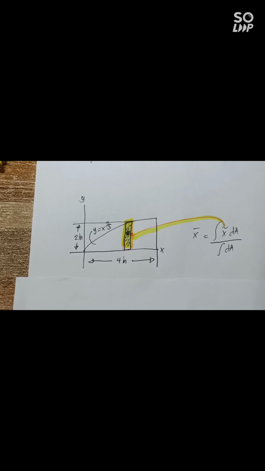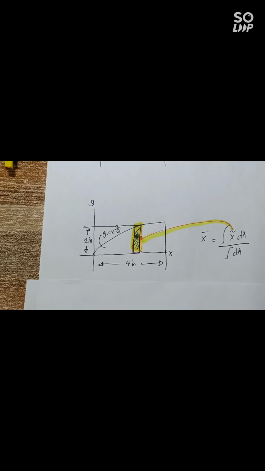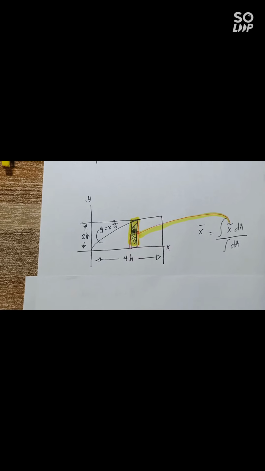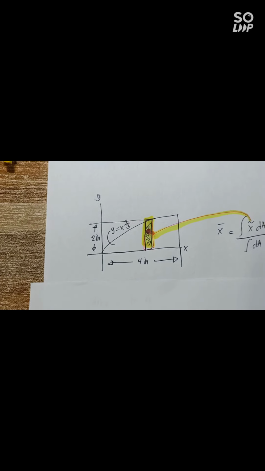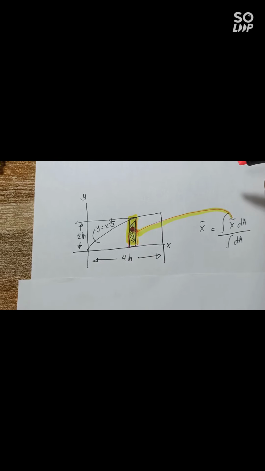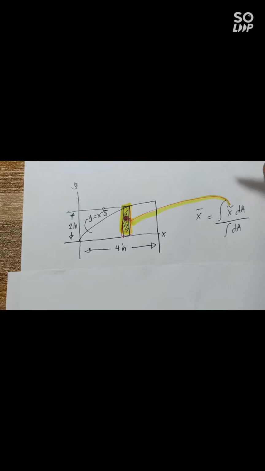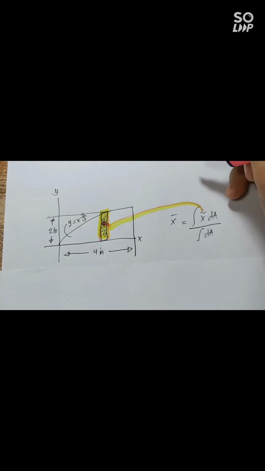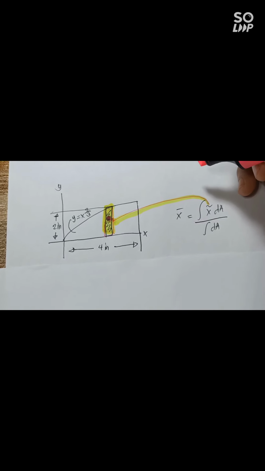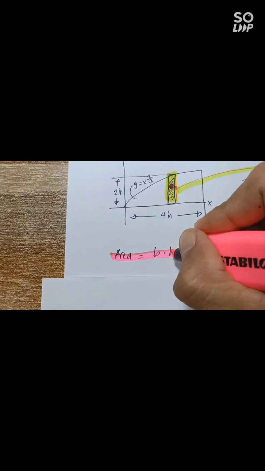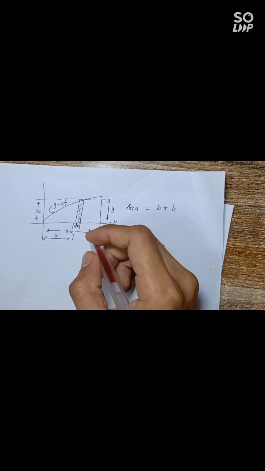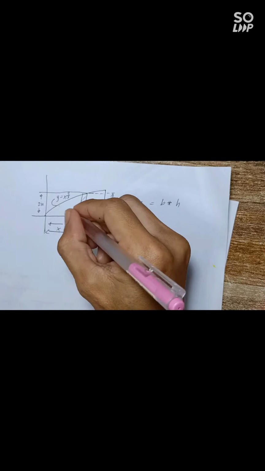Again, the centroid of the little rectangle is what I just drew on the picture. In this picture, we calculate the little rectangle area as base times height. The base will be the dx.